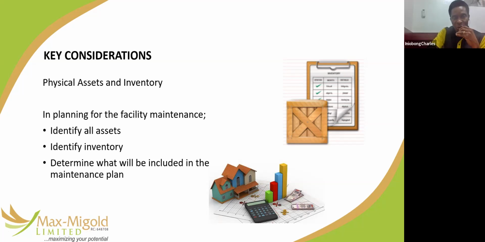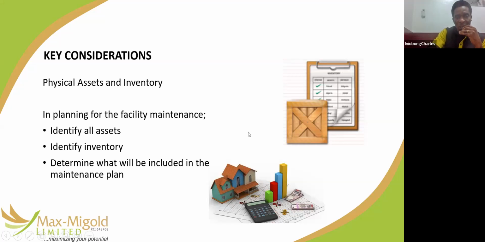Identify the inventory. Be able to know those frequently used parts, so that you can budget correctly for those high consumable parts. For example, your tap, frequently used items.